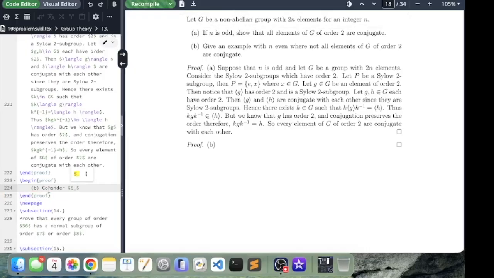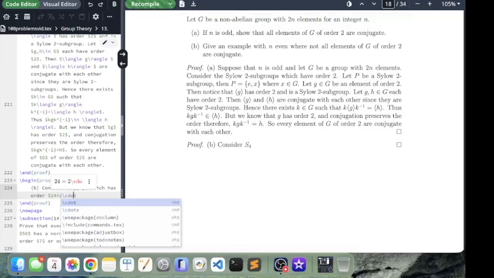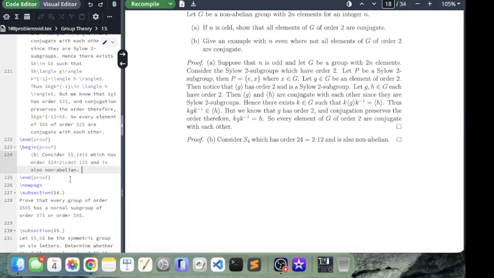Consider S4, which has order 24, which is equal to 2 times 12, and is also non-abelian. And we want to show that not all elements of order 2 are conjugate.